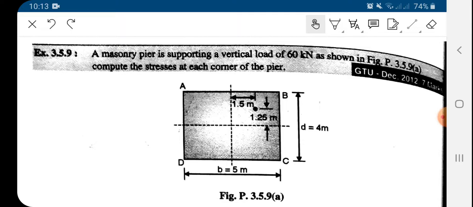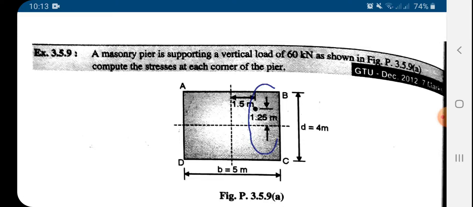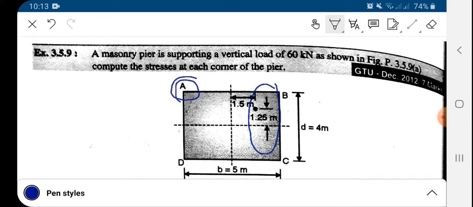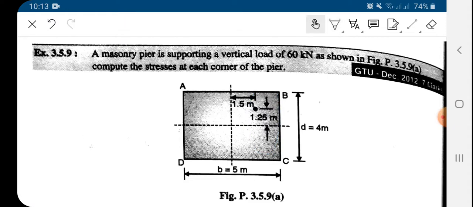So for sigma x, the tension is positive, and for sigma y, the load is on the opposite side. The load will be on this side and our point of consideration is on the left side of that. So we have to consider the opposite side, or the compression over that, and compression in this example is considered negative, so we have to put the negative sign over there.